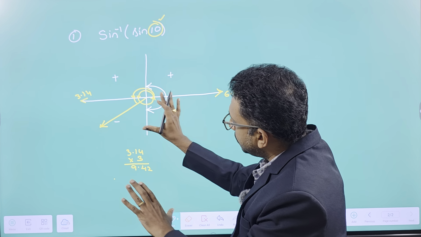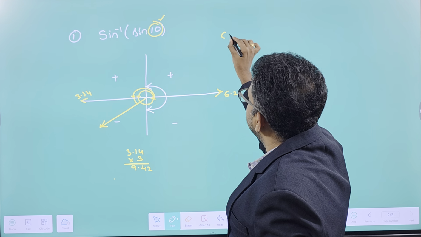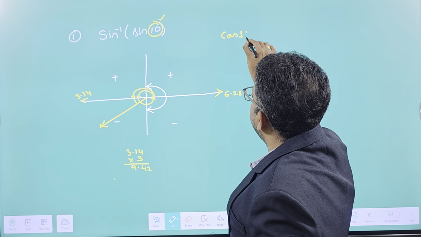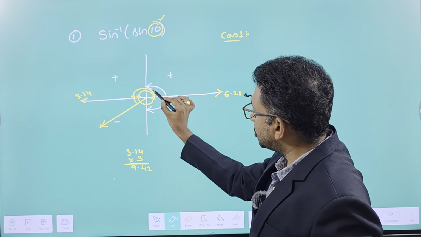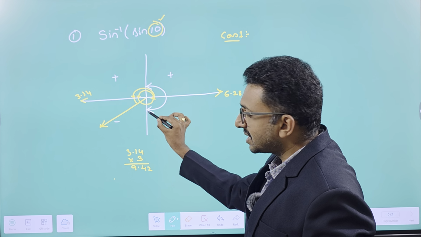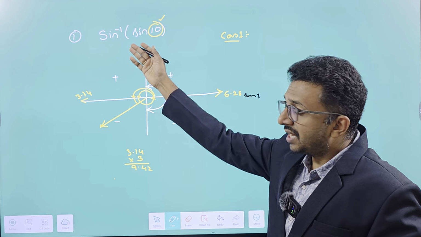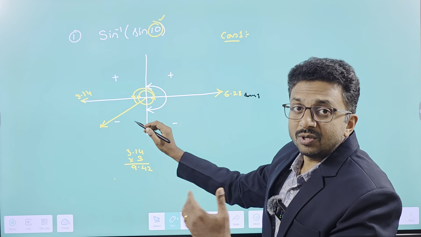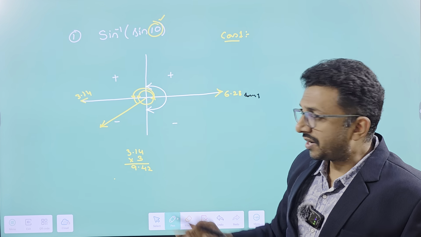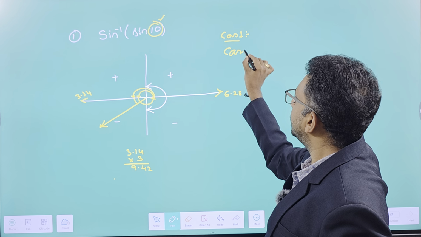So now once you draw the final ray position, there can be two cases. Case one is the ray might stop in the quadrants corresponding to the range of the corresponding inverse trigonometric function, or the ray can stop outside the quadrants corresponding to the range. So in this case, we are in case 2.